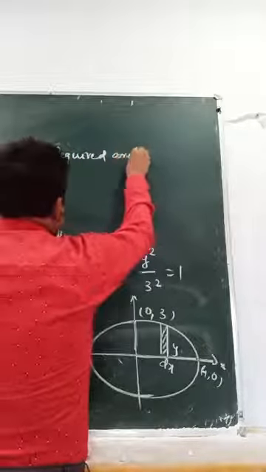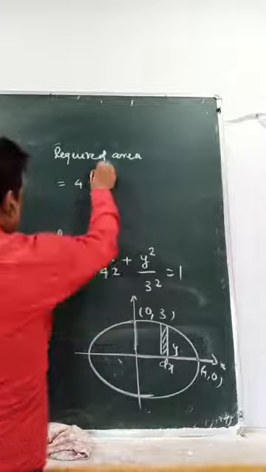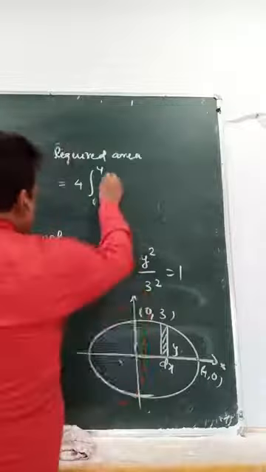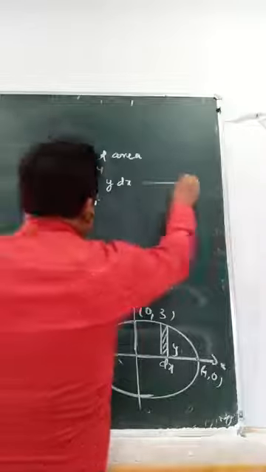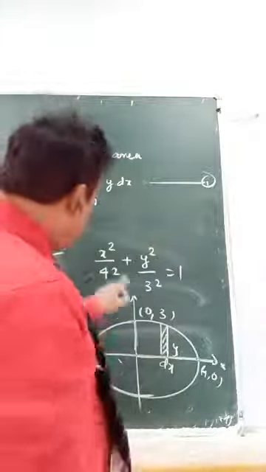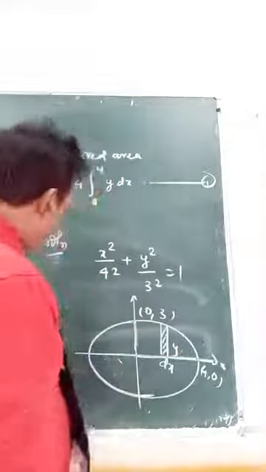Required area equals 4 times integral 0 to 4, and with x-axis it is y dx. This is your area. What is that y here? y has to be found out from here. See how you are finding it out.